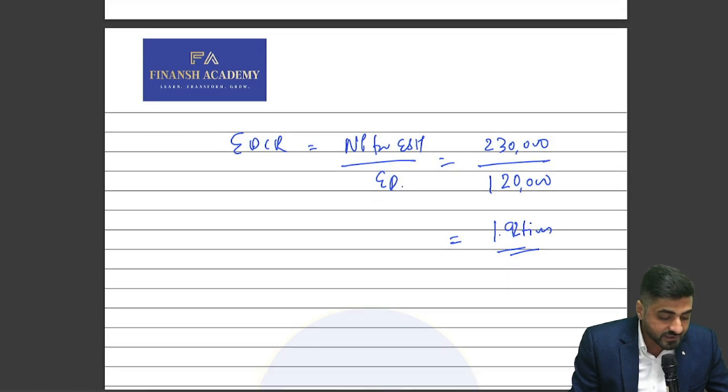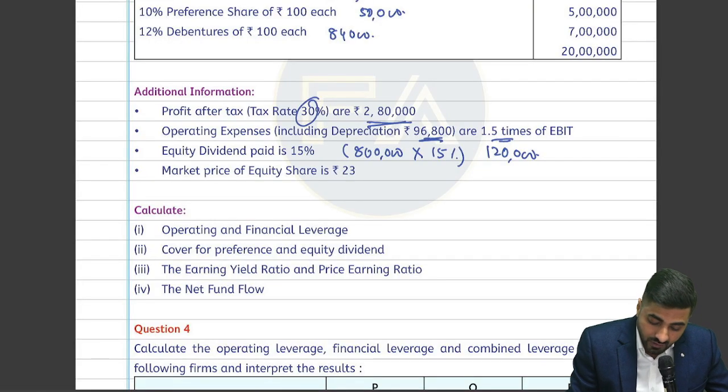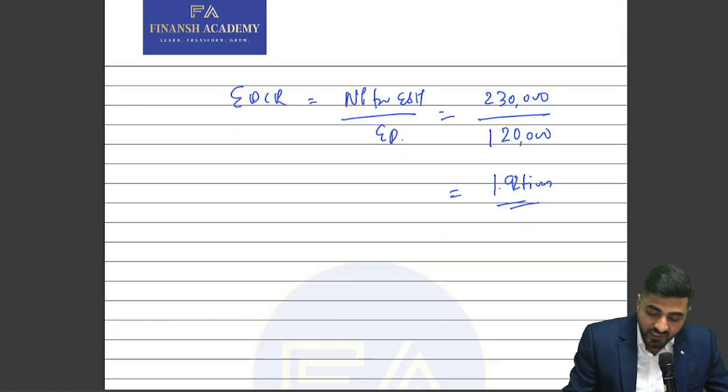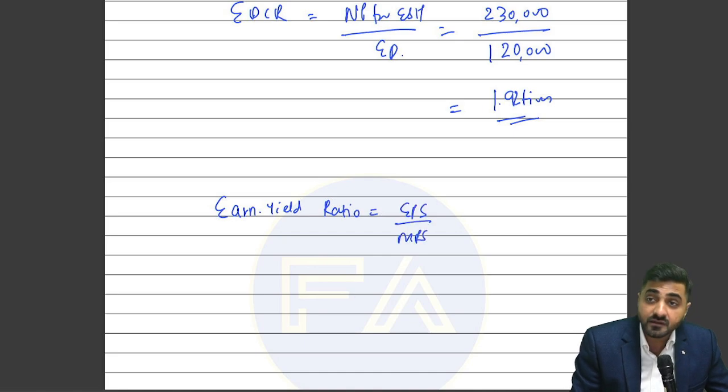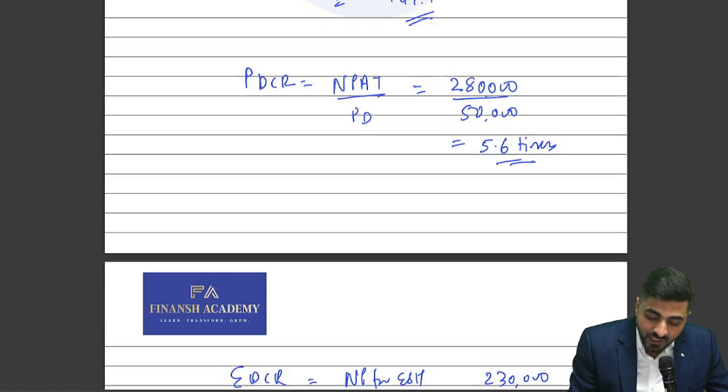Then what's your next ratio? Earning yield ratio. Guys, we have discussed what earnings yield is. Earning yield ratio should be your EPS by MPS. 200. So, you have EPS.